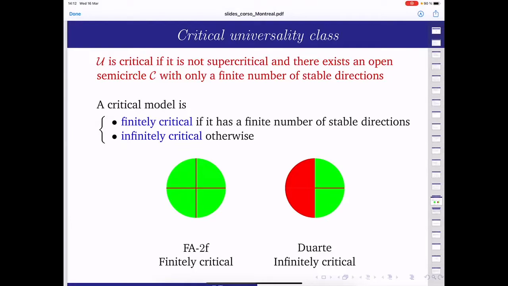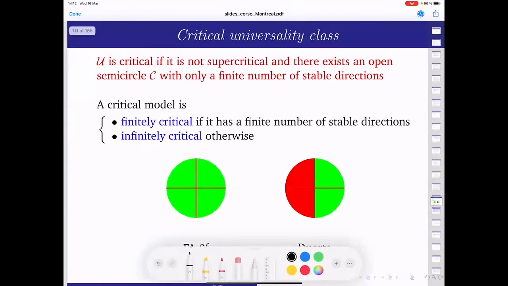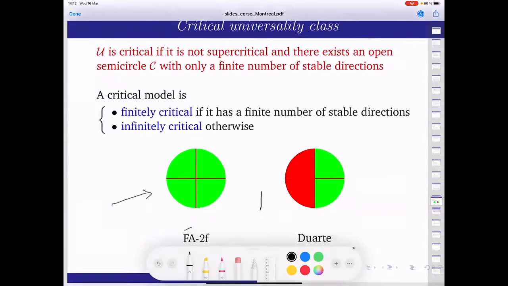This is the case for the FA2F model, which, as we will see in a second, has just 4 stable directions, which are the coordinate directions. We will see in a moment some drawings. And it is also the case for the Duarte model.